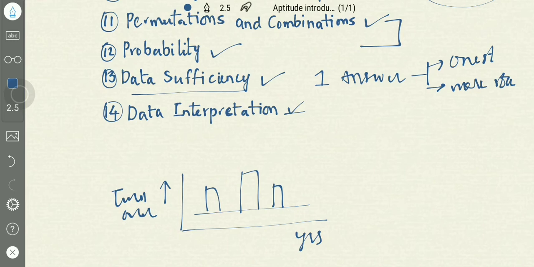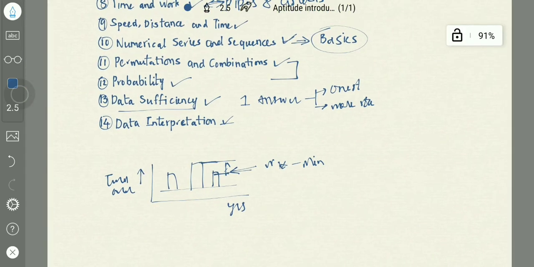If you see from this graph, this is the maximum turnover, right? And this is the minimum turnover. The difference between this is maximum minus minimum turnover. So these type of problems are solved in data interpretation.